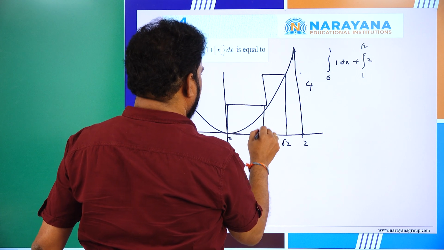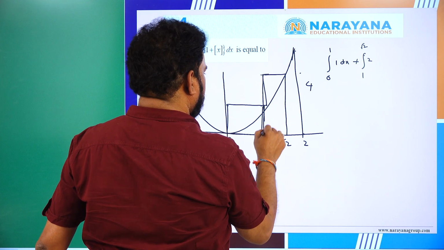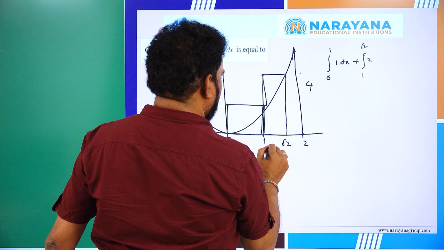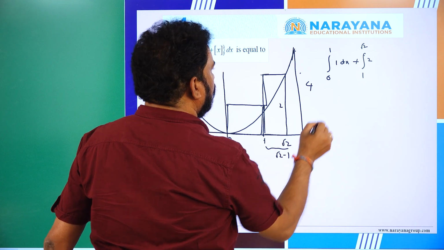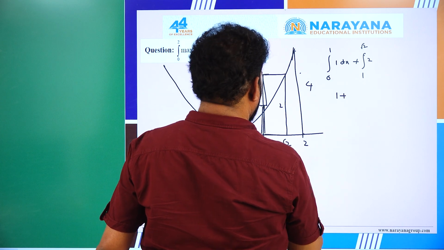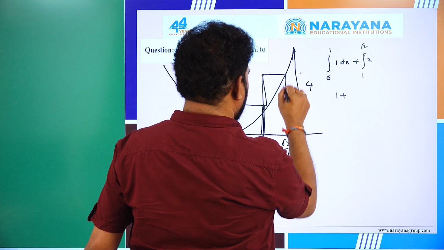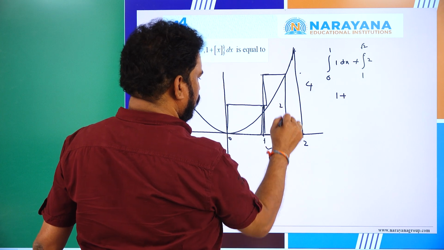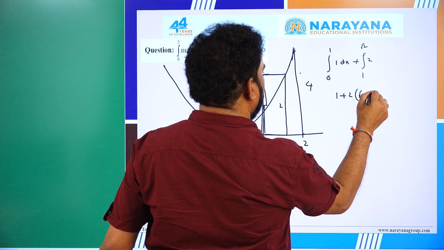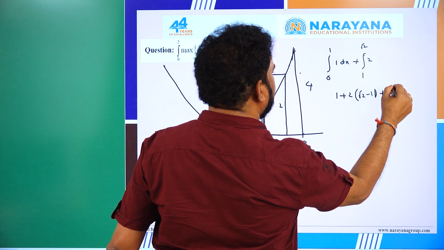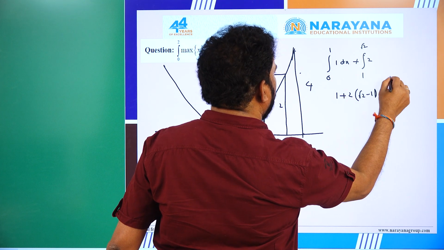This is a 1 by 1 square. This length is root 2 minus 1, height is 2. So this is 1 plus, this is the height, this is the area. 2 into root 2 minus 1, plus next integral root 2 to 2.